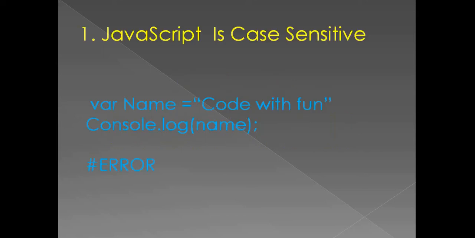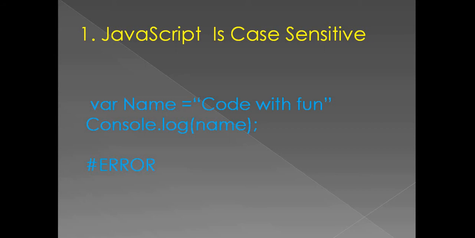Rule number 1, that is, JavaScript is case sensitive. This means when you use your shift or caps lock key, it really matters. Unlike in HTML and CSS where it doesn't matter if you use upper and lower case letters, in JavaScript it matters.